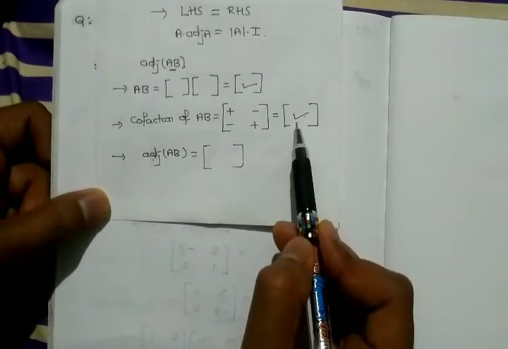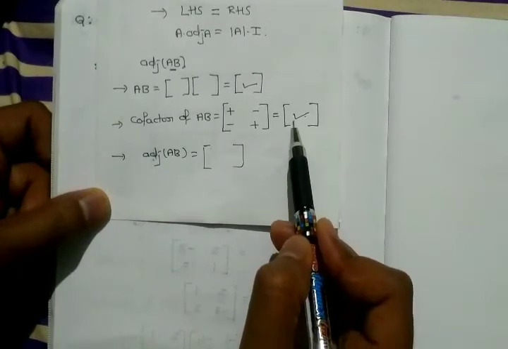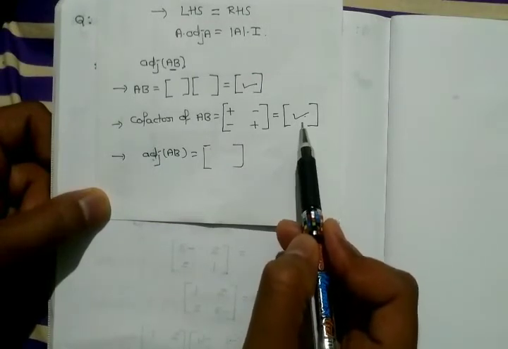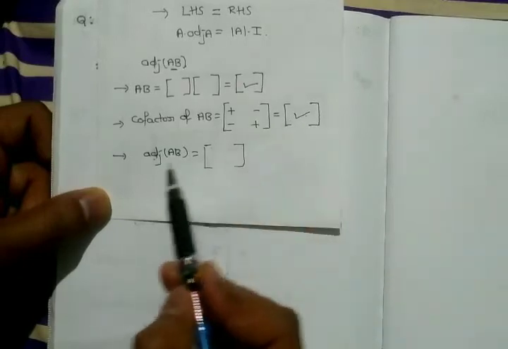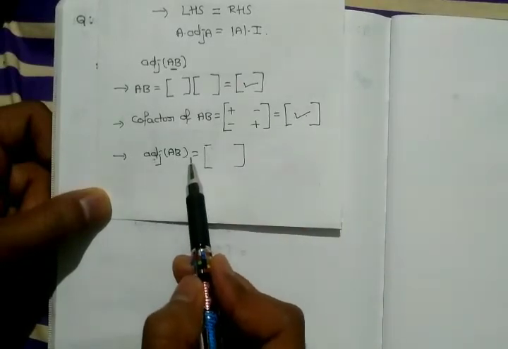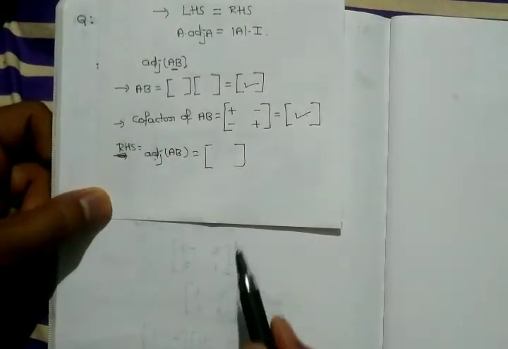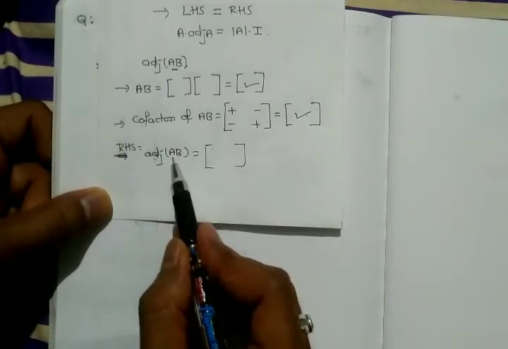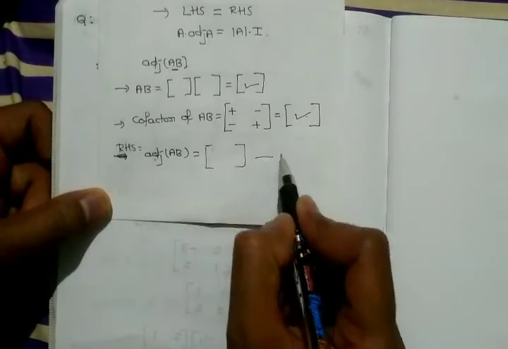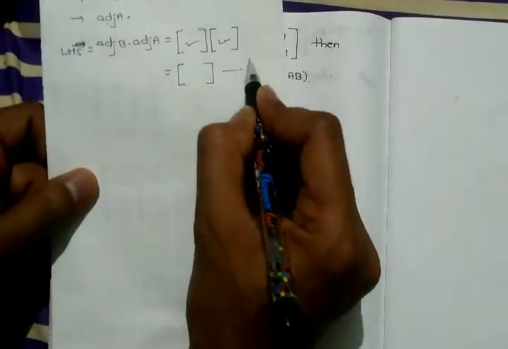You will get the cofactor of AB. Take the transpose of this cofactor of AB, and you will get adjoint of AB. Call this the right hand side. Call this 2 and call this 1.